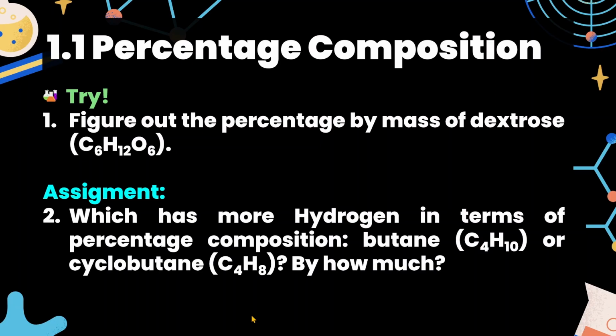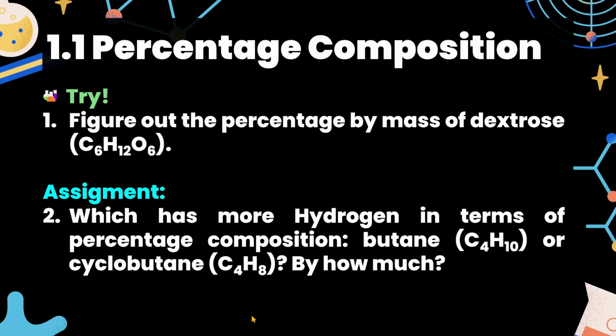Let's try to figure out the percentage by mass of dextrose. Dextrose, the given formula is C6H12O6. And for number 2, we chose more hydrogen in terms of percentage composition: butane, C4H10, or cyclobutane, C4H8. And by how much?